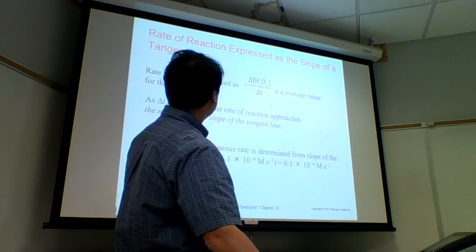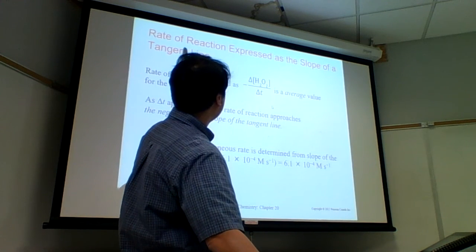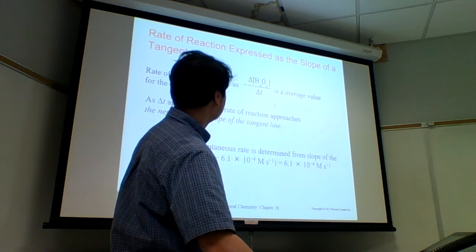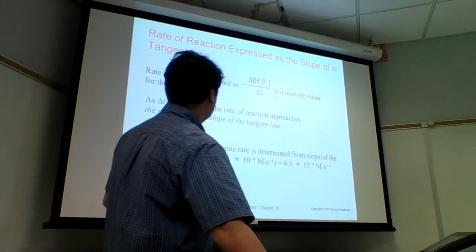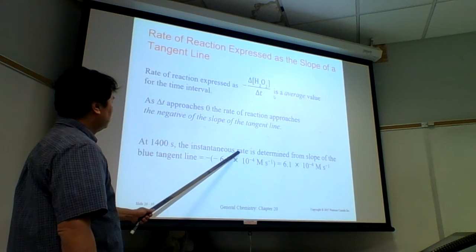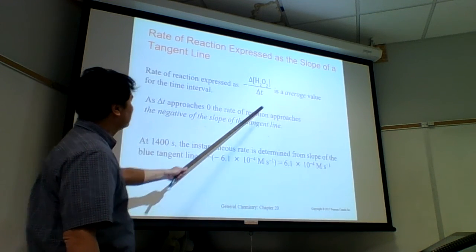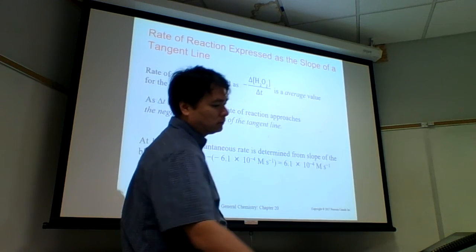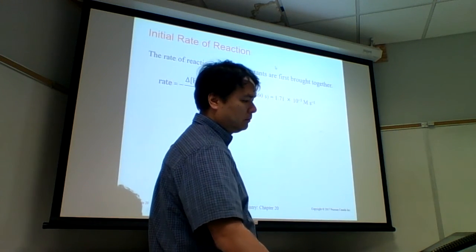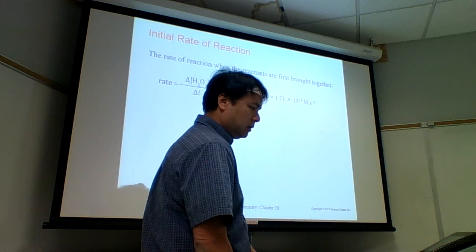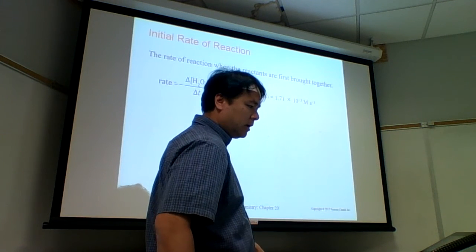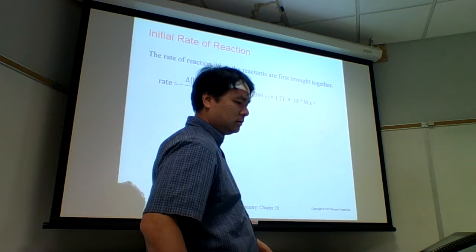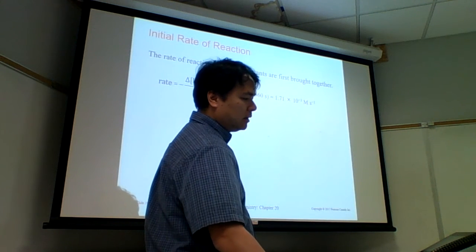And then we talked about the tangent line, that's the instantaneous rate versus the average rate. This is a slide about the instantaneous rate, the slope of the tangent line, versus the average rate, which is for a time interval. Okay, the rate of reaction when the reactants are first brought together is the initial rate.